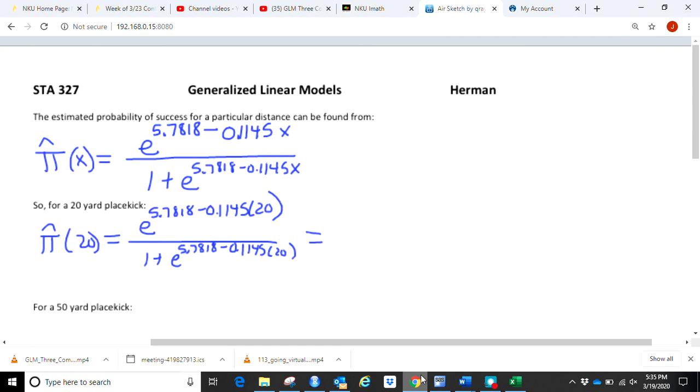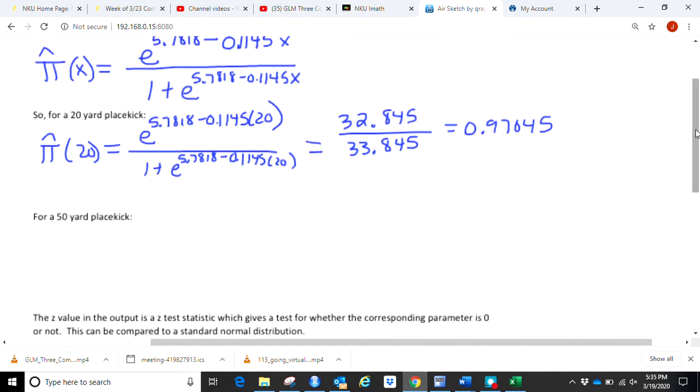Showing some math on what you should get for both the top and the bottom. The bottom, remember, is just one bigger because it's just 1 plus the same thing that was on top. Gives me about 0.97045. So about a 97% chance of making a 20-yard place kick.